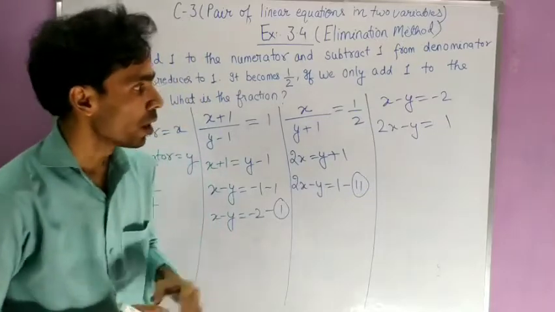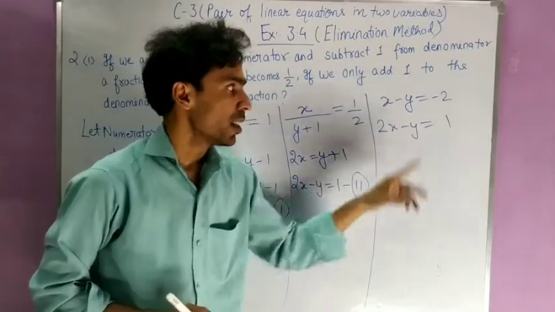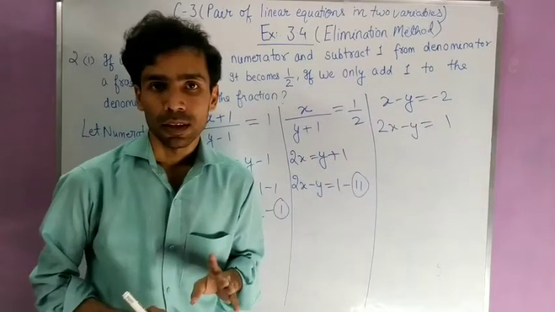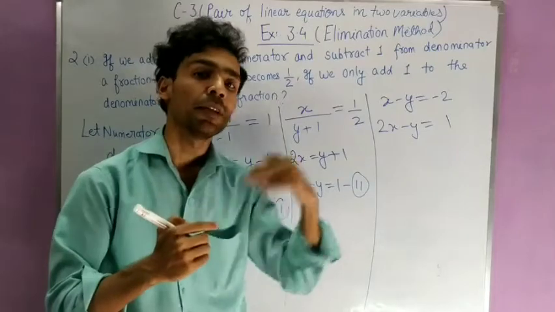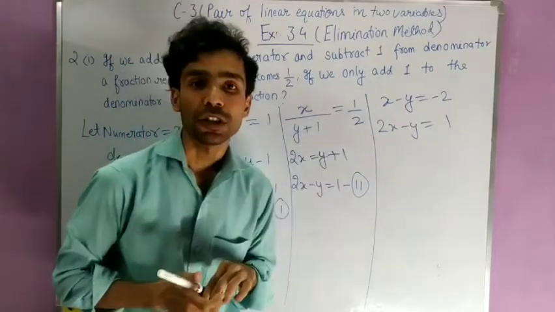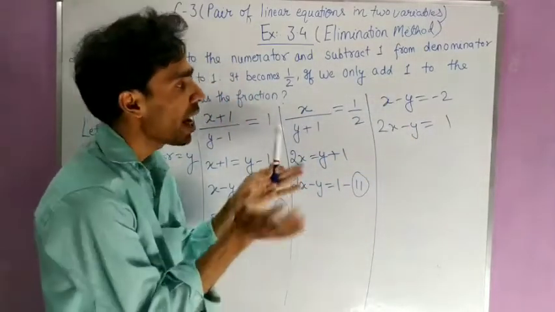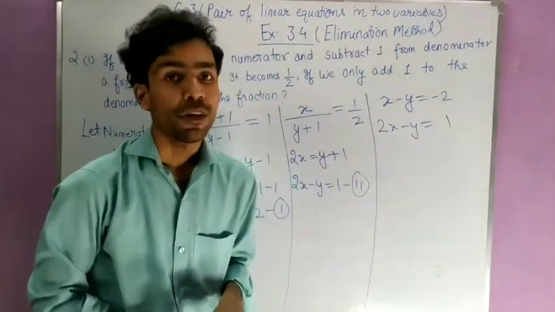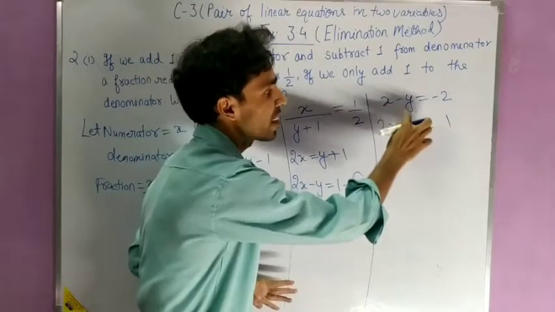Okay, so see, in both the equations the sign of y is the same, and whenever we want to eliminate a variable whose sign is the same in both equations, we subtract both equations. Because here is minus and here is also minus, when you add they will not cancel, but when you subtract they will cancel, because both have the same sign.